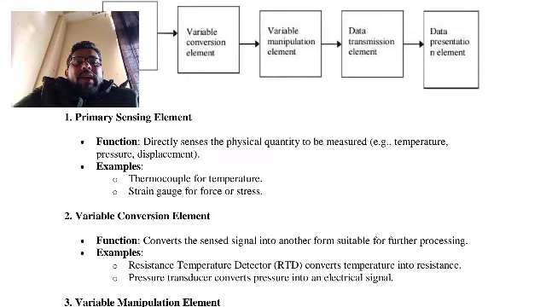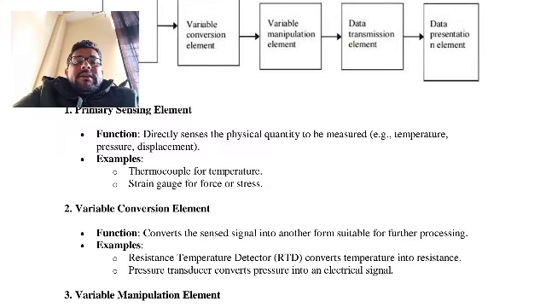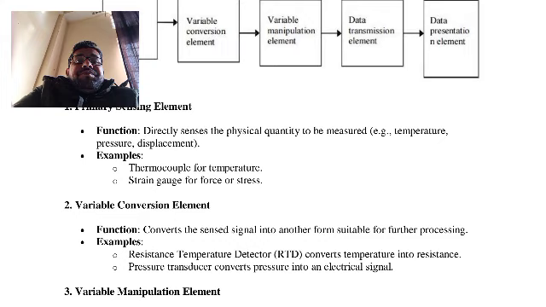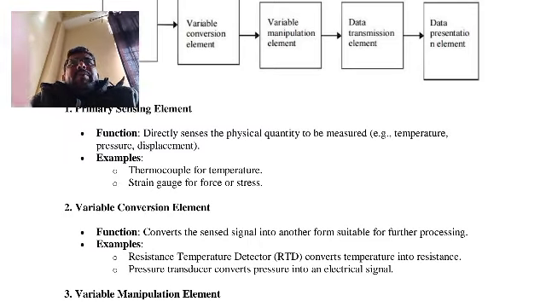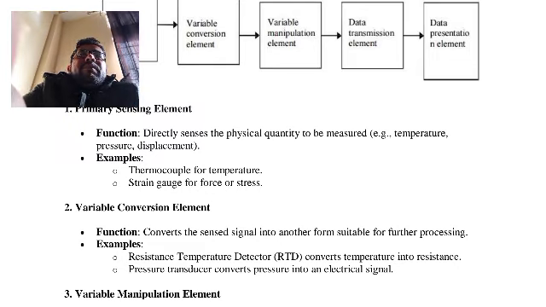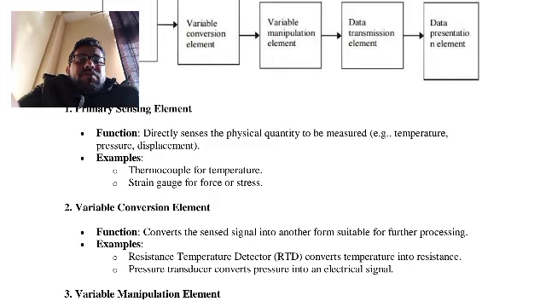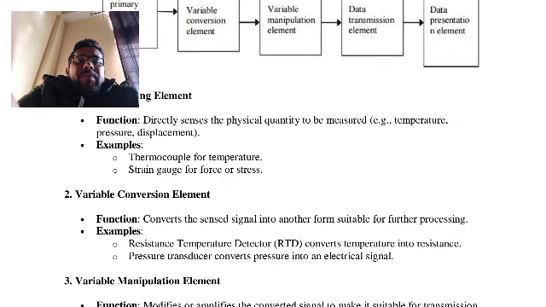Second block we will discuss is the variable conversion element. What is the function of variable conversion? To convert the sensed signal into another form suitable for further processing. If we have got the signal from the primary sensing element and we have to process it further, we can use the variable conversion element.